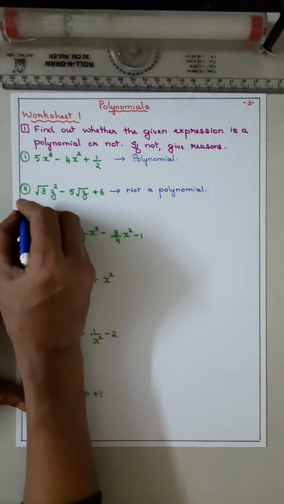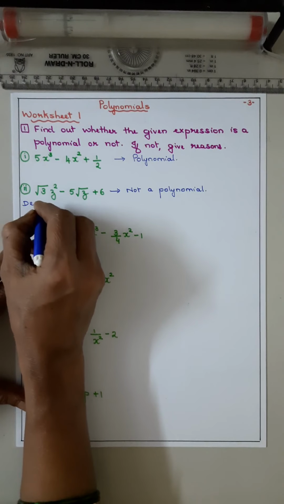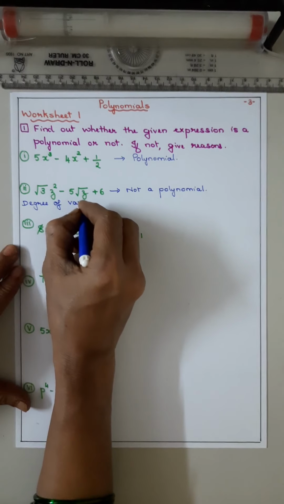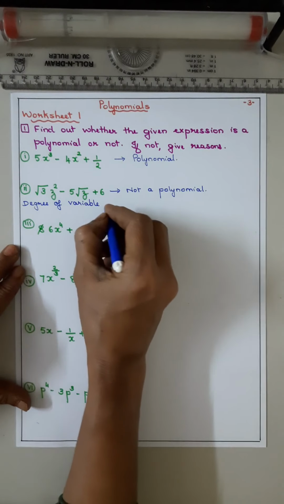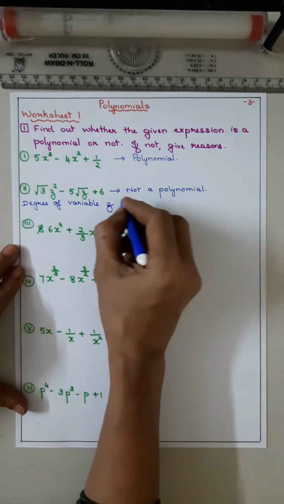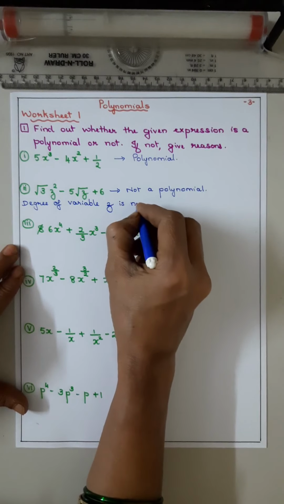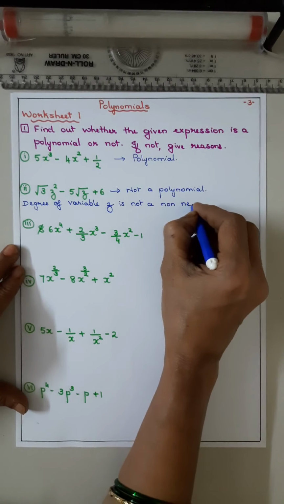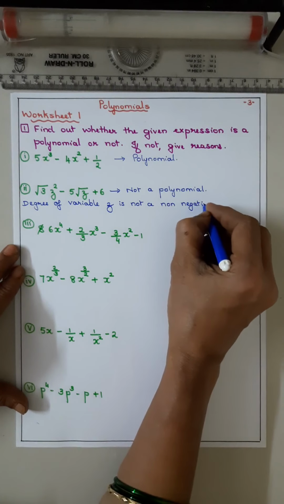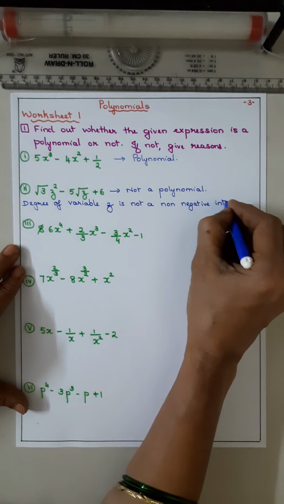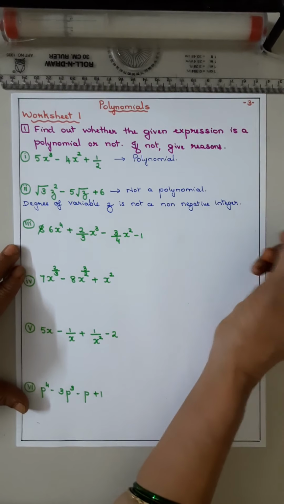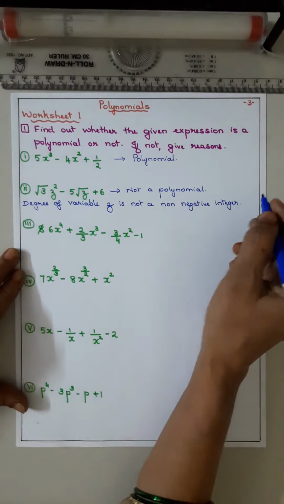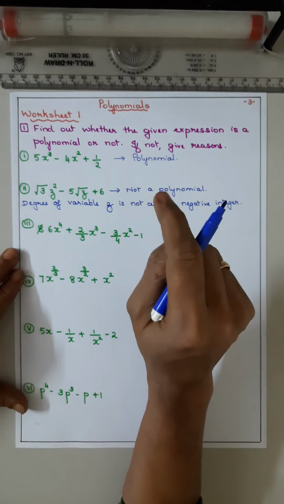The degree of the variable is z, isn't it? It is not a non-negative integer. So you have learned for a polynomial the degree always should be a what?